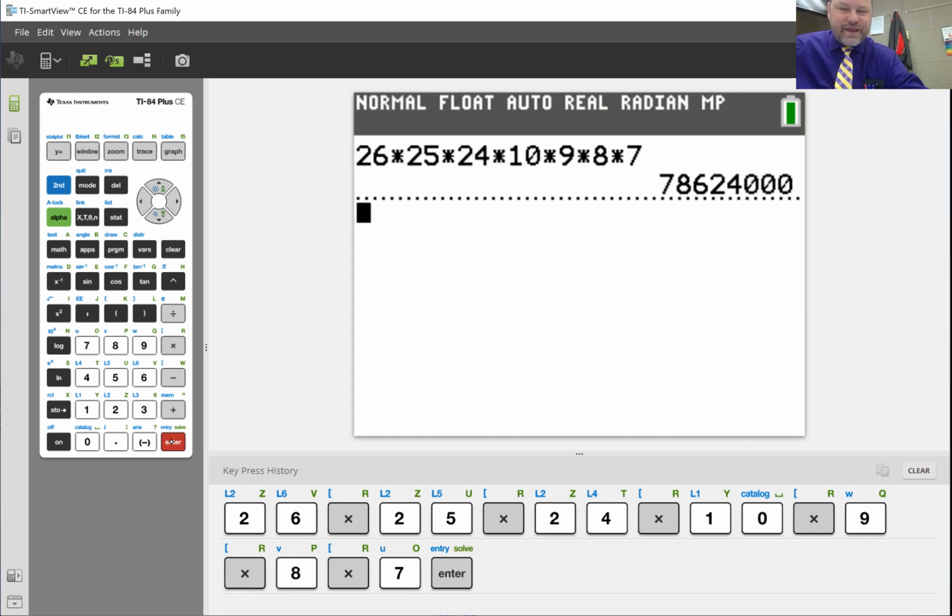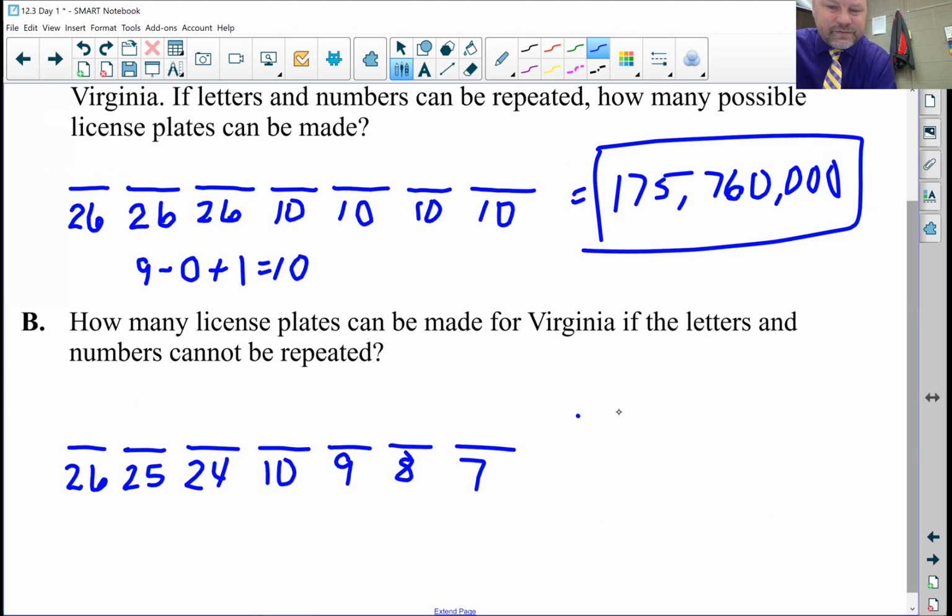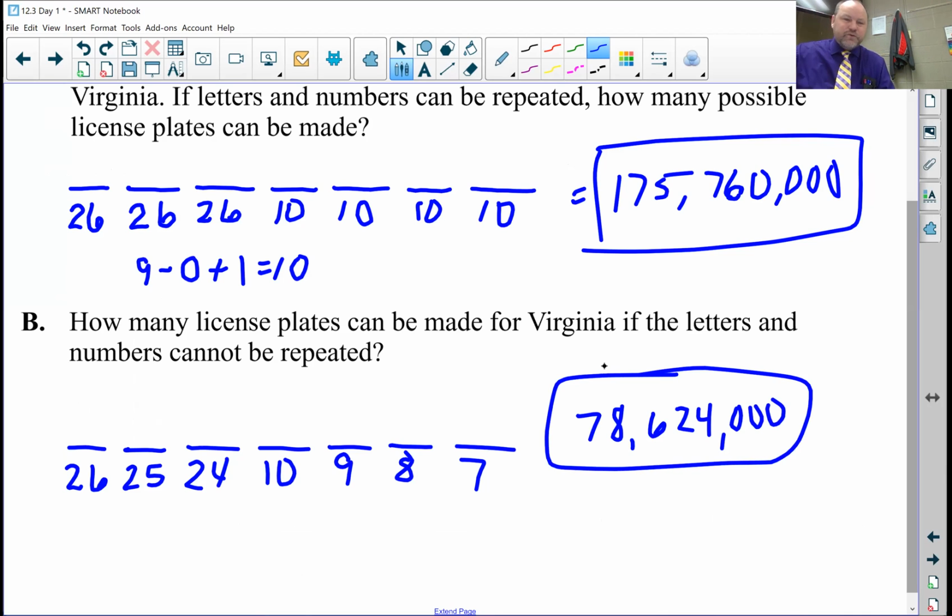And there we have 78,624,000 different license plates. So about 100 million fewer than if we allow repetition.